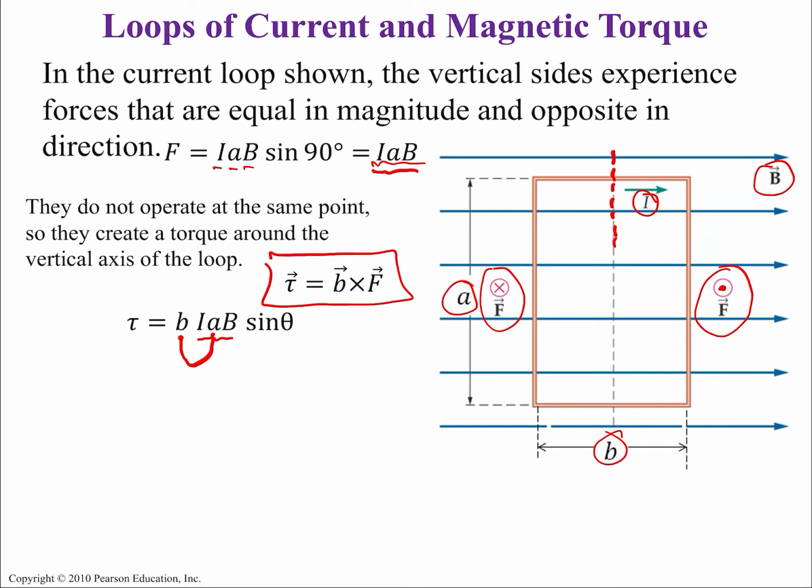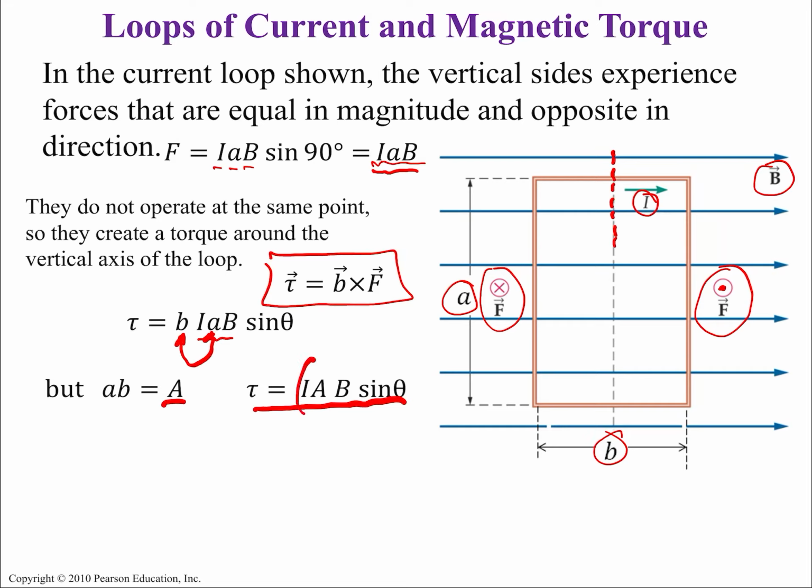And notice that r times A is actually the area of the loop. So we're going to rewrite our equation by considering the product to be uppercase A, the area of the loop, and your equation becomes IAB sine theta.